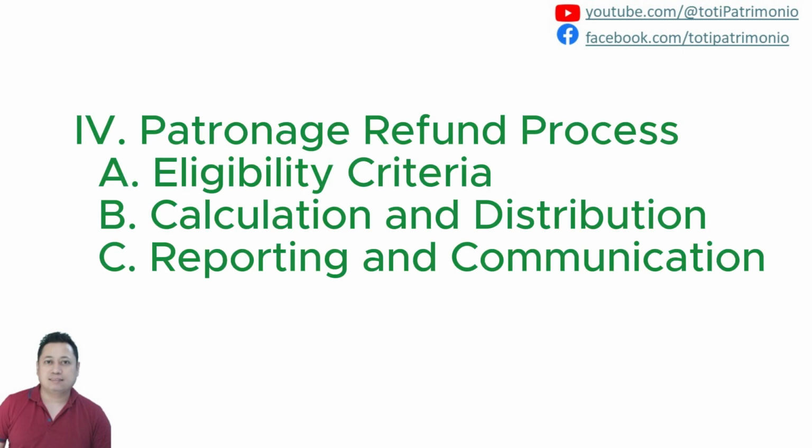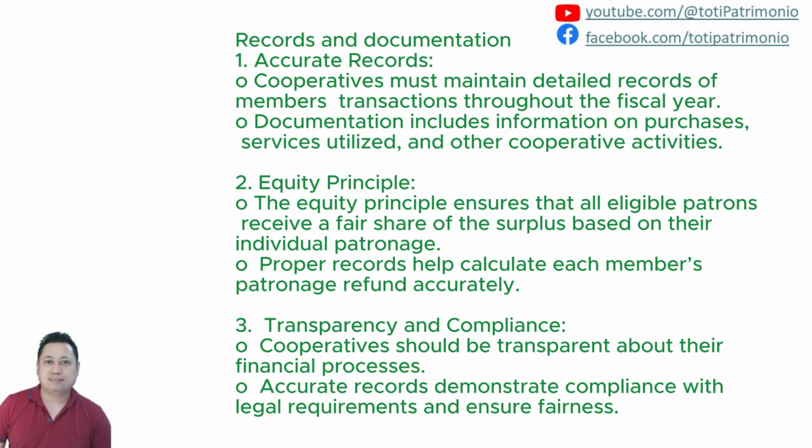For the records and documentation of the patronage refund, the cooperative must maintain accurate and detailed records of members' transactions throughout the year. The cooperative must have a list of who transacted with the cooperative, on what date, and how much, because that will identify how much the member will be eligible for in the patronage refund, based on the rates computed by the cooperative.